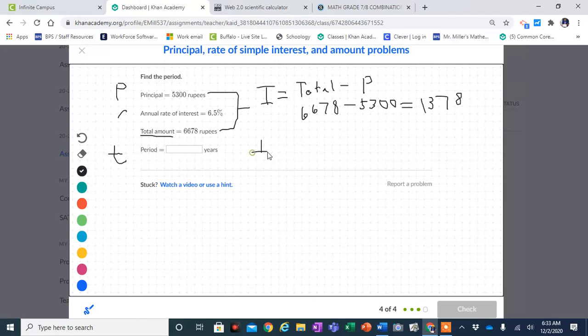So now we're going to do I equals PRT. Again, we know what I now is. It's 1,378. We know what the principal is. It's 5,300. We know what the rate is. We go back twice, 1, 2. So that's going to be 0.065.